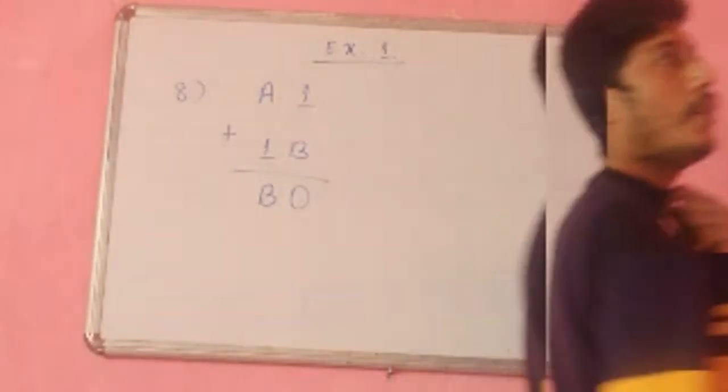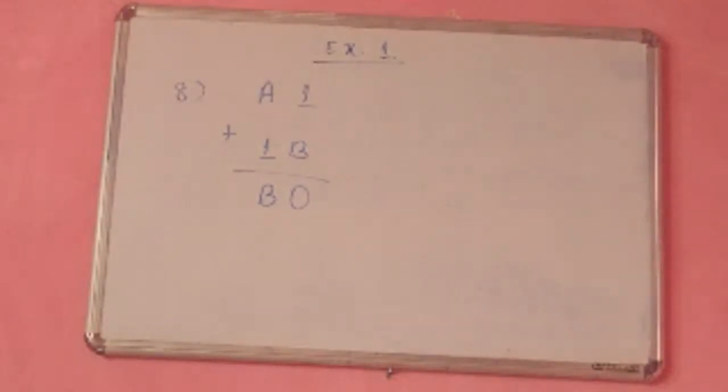So now first substitute the value of B in this problem. First substitute the value of B on the right hand side and add 1 to B, and that must give 0. So which is that possible case? In which case are we getting 0 as the answer when we add a certain number to 1? 2 plus 1 is 3, 4 plus 1 is 5, 6 plus 1 is 7.